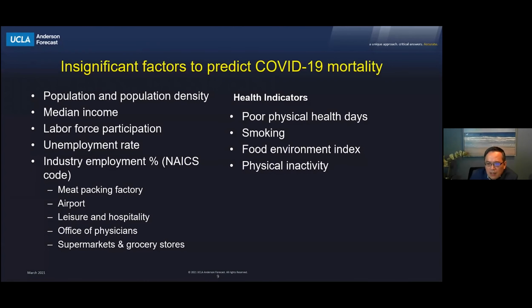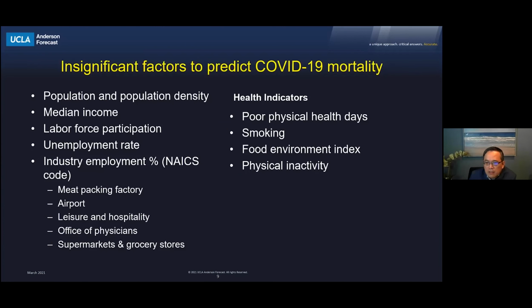So here are the insignificant factors. We saw they might explain mortality, but it turned out they do not. Population and population density. Let's say the pandemic hit big, small, urban, and rural areas equally.